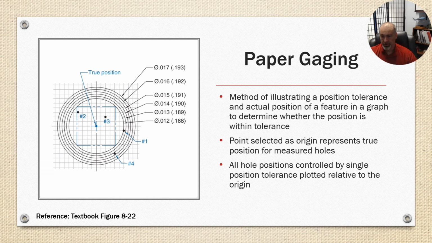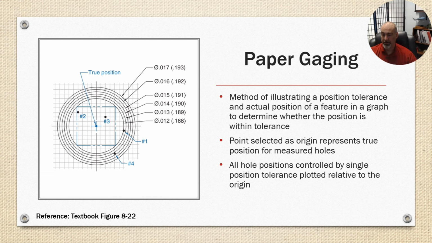So in this example, I think we go over this example again, but just to reiterate, right now holes number 2 and 3, no matter what hole size the holes were drilled, are within tolerance because they're within the tolerance zone of the smallest ring. Hole number 1 would only be correct on its position if the hole was machined at 189 thousandths or bigger.